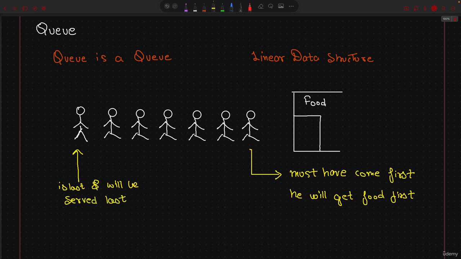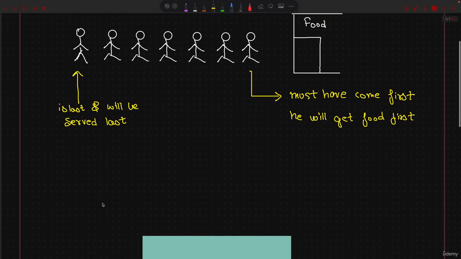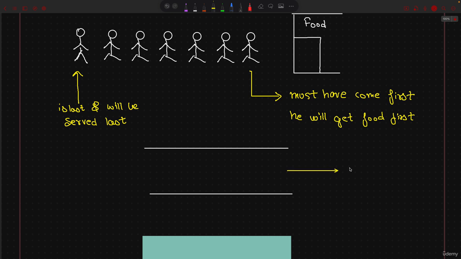Just the way we have queues, something which we have seen since our life, that is the major idea behind the queue data structure. To delve a little deeper, it's actually a structure like this, where I have an out, which is from here, and an in, which can be from here.